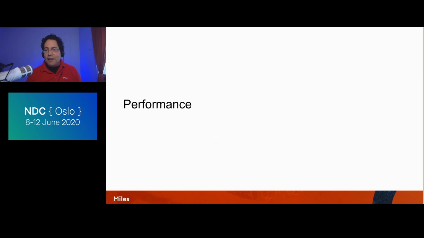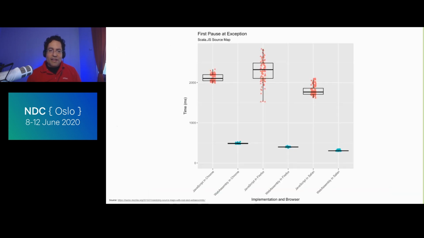Now some questions about performance, because what I said in my introduction was that one of the benefits of using WebAssembly is that you will be able to run at near native performance. We're going to have a quick comparison between running WebAssembly and running JavaScript in 3 common browsers: Chrome, Firefox and Safari.